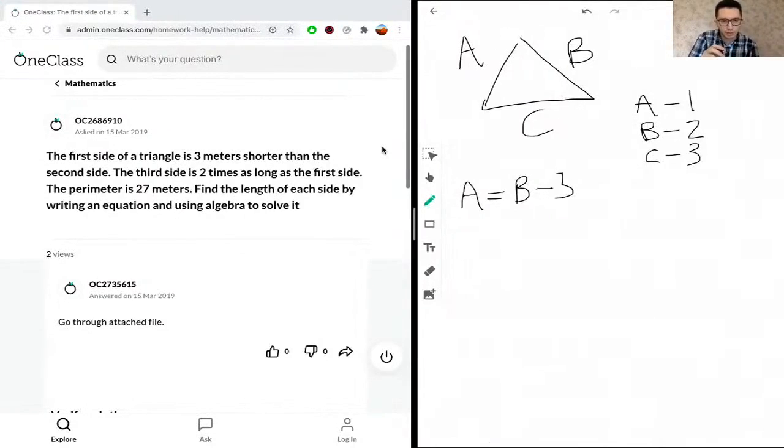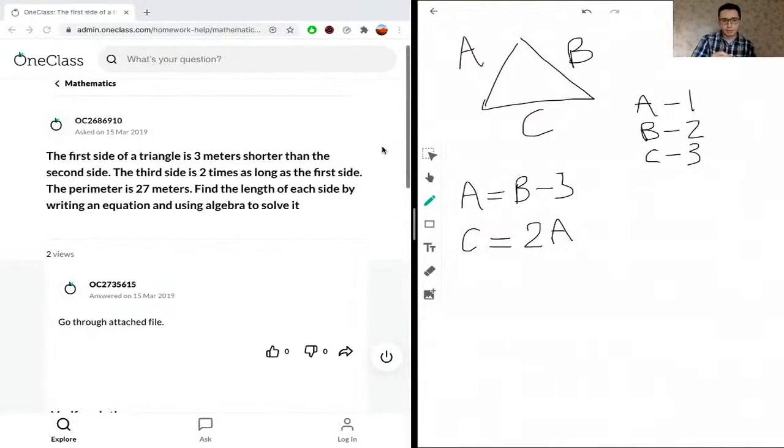B, the second side, minus 3 will be equal to A. And then the next statement says the third side is 2 times as long as the first side. So C is equal to 2 times A.